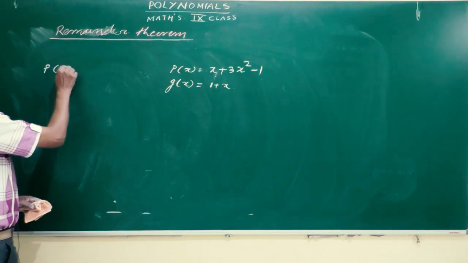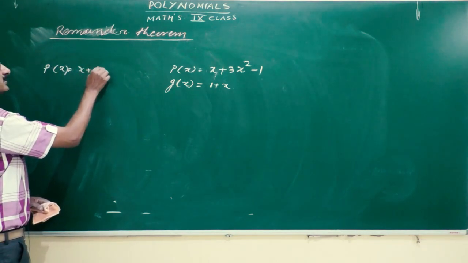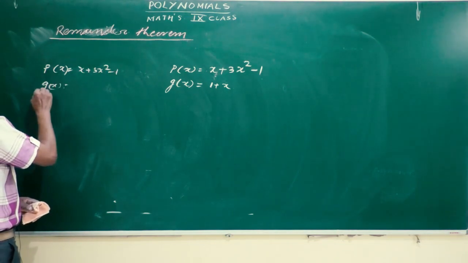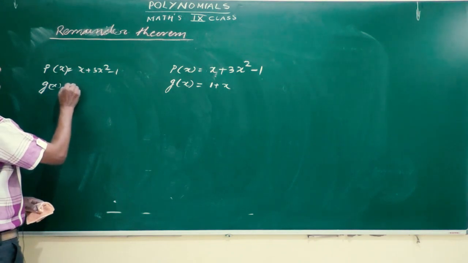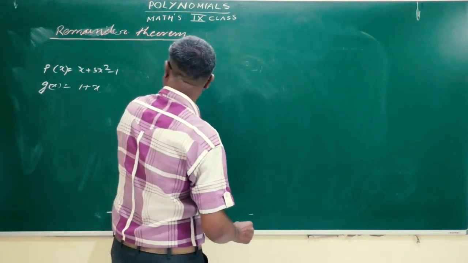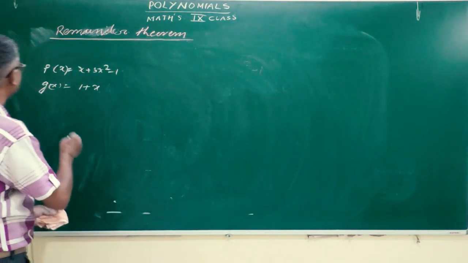Px is equal to x plus 3x square minus 1, and gx is equal to 1 plus x. I will write here so that we will get the space to solve the problem.